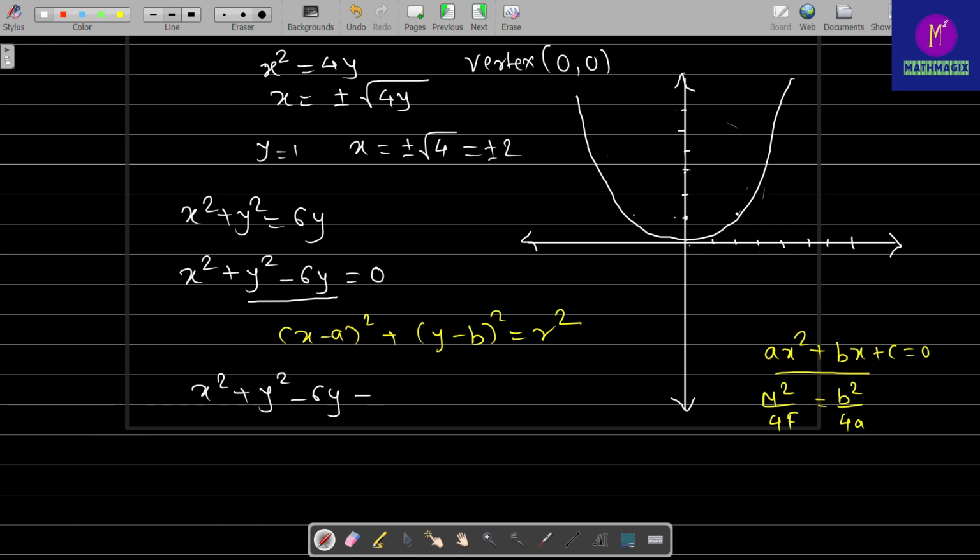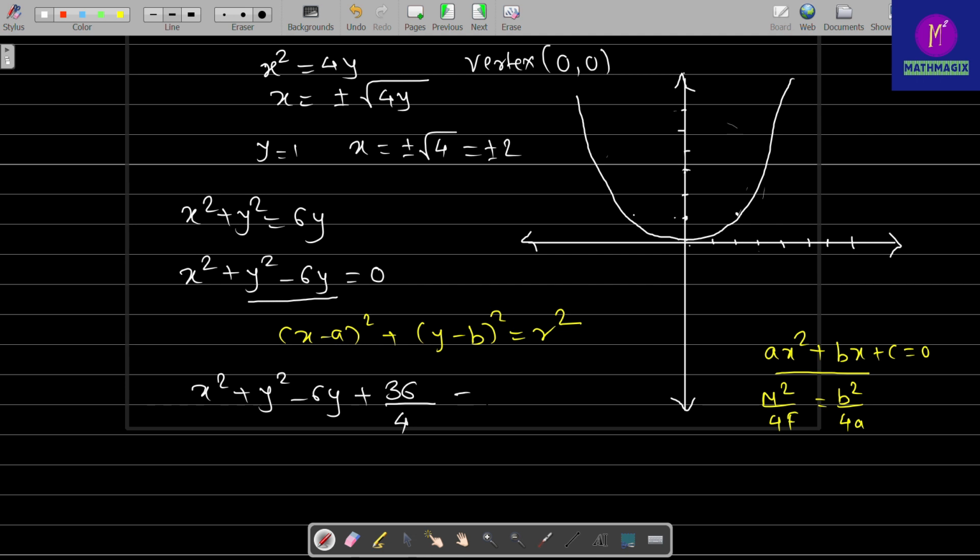Middle term square means I am just considering the coefficient. The coefficient of the middle term is 6, or minus 6, but because we are taking the square, it will always be positive. So 6 square is 36 divided by 4 into the first term. The first term coefficient is 1. So here 4 into 1, that is 36 by 4.